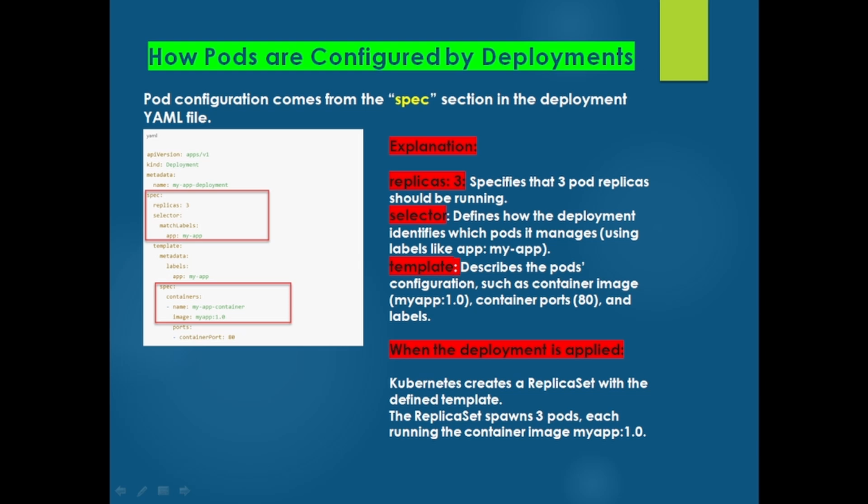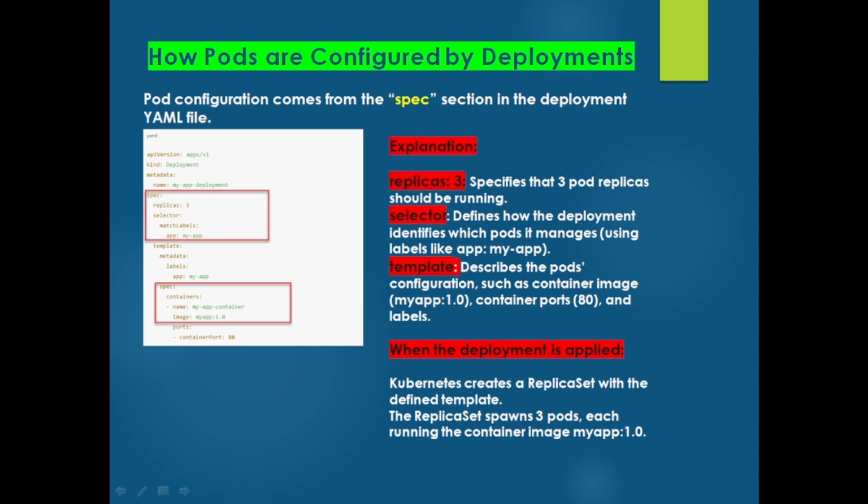What happens when you apply the deployment? Kubernetes creates a replica set based on the deployment instructions. With this replica set, it will create 3 pods. It will make sure that they are always up and running, and all pods will run with the container image which is myapp:1.0. Also they will listen on port 80.